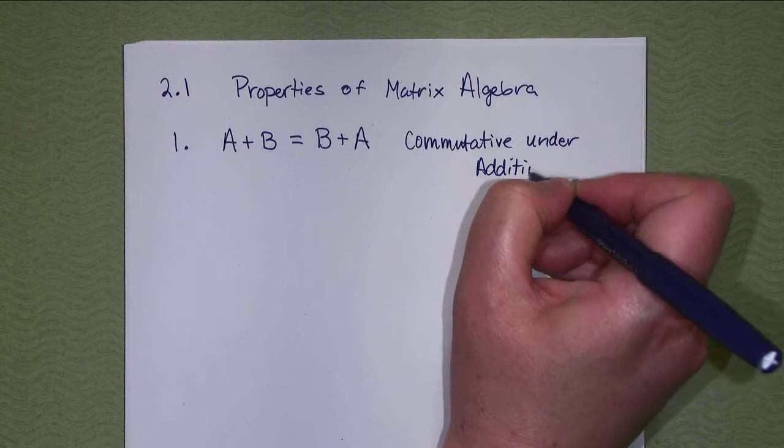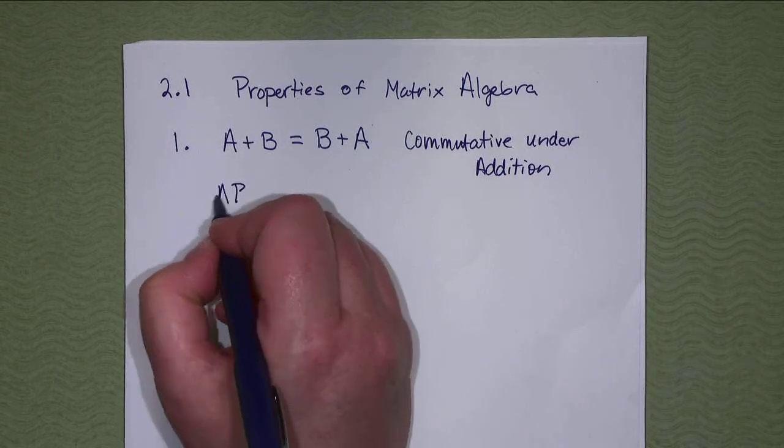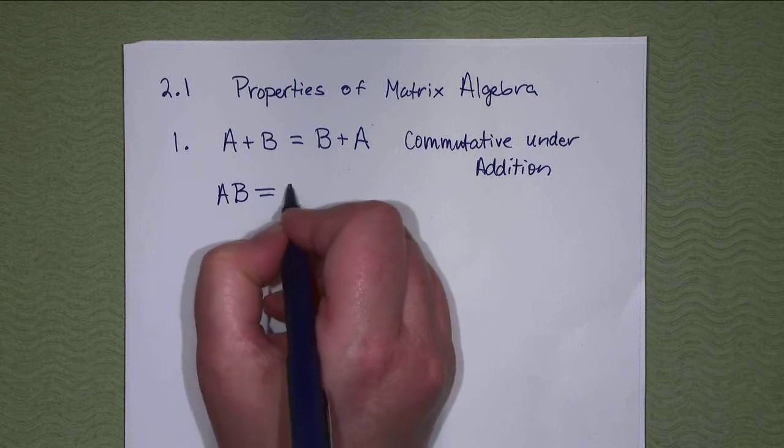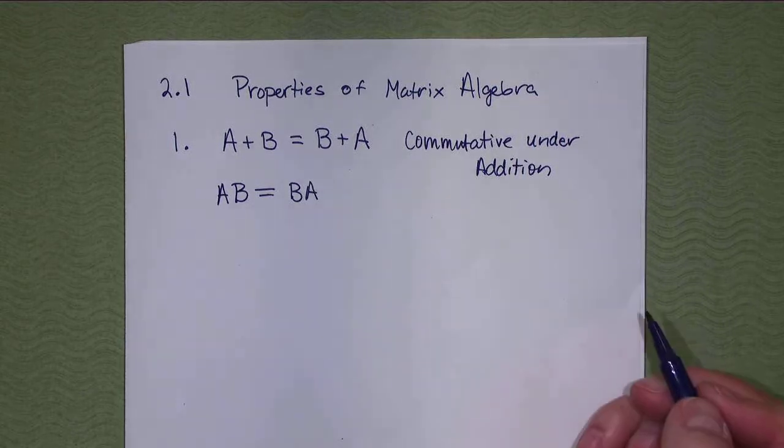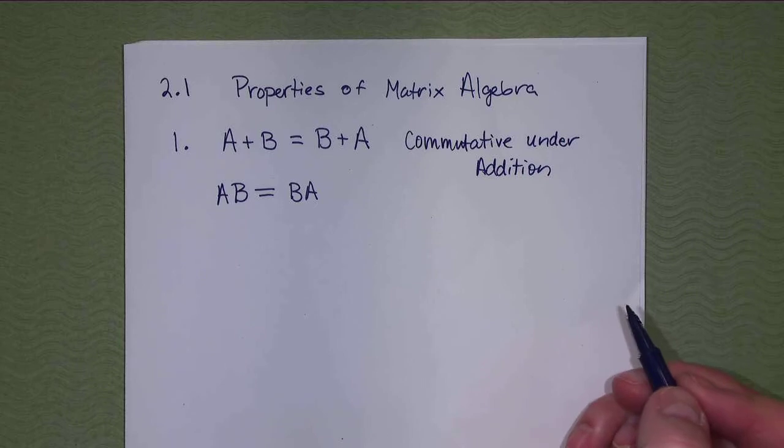But what about multiplication? No, and we showed that last class. In fact, you can't always multiply both ways because the size won't match. So it's not commutative.